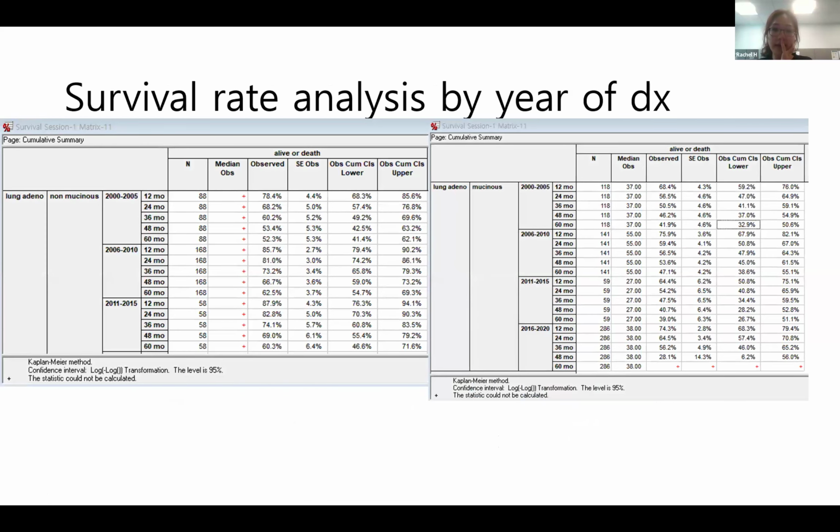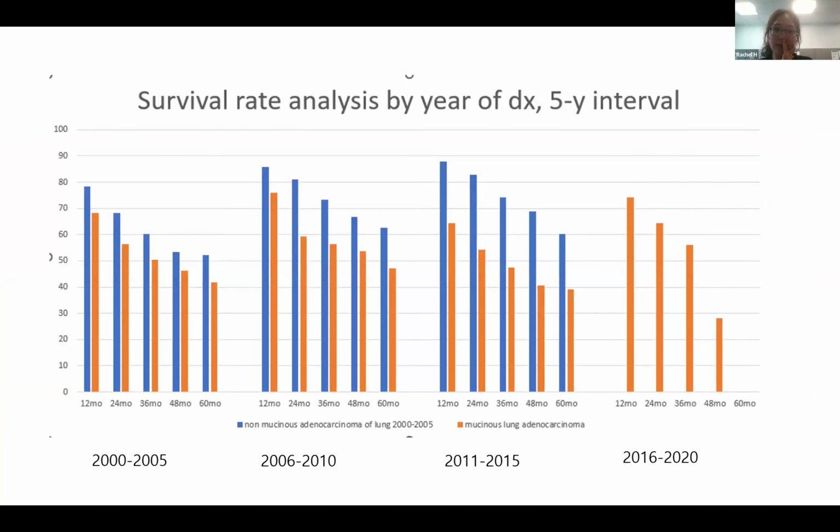This one is by year of diagnosis with a 5-year interval. Yeah, there are too many graphs, right? Sorry about that. Overall, the survival rate of non-mucinous adenocarcinoma of the lung is better than mucinous adenocarcinoma.